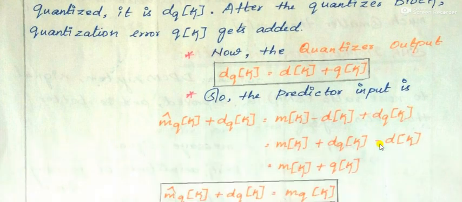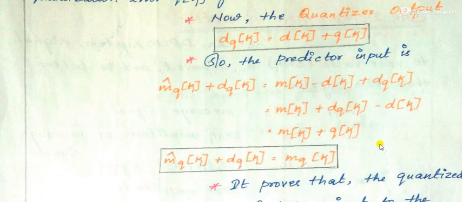The predictor has two inputs, the estimate of the quantized signal and the quantized difference signal, and this will be equal to mq of k, which we are going to prove. So mq of k cap is equal to m of k minus d of k.